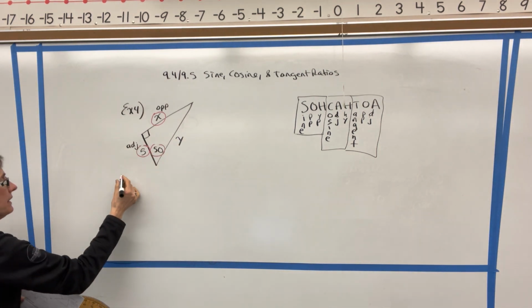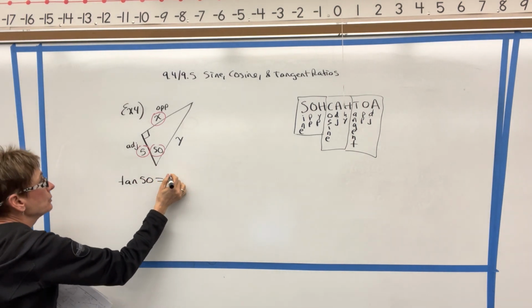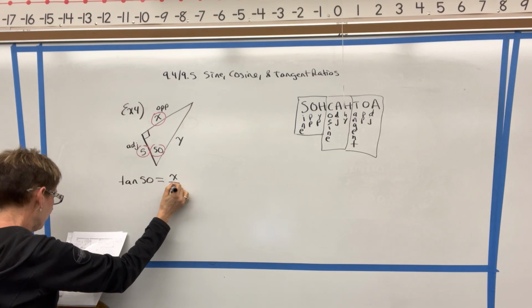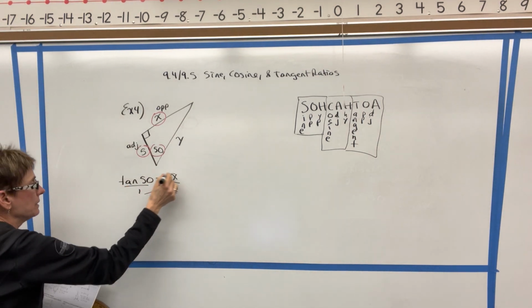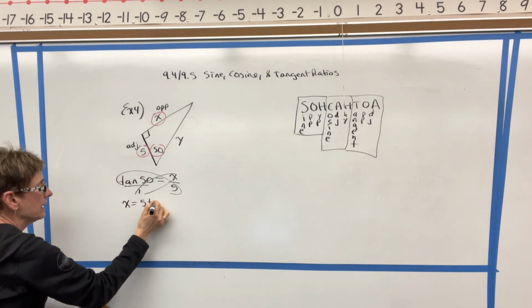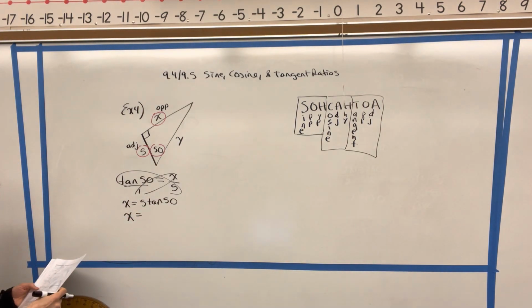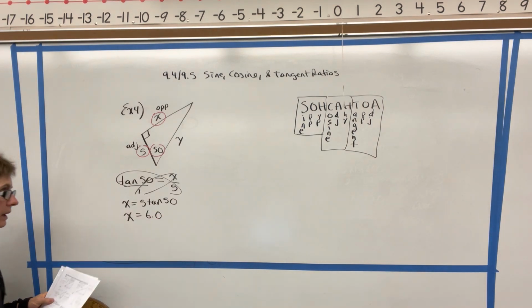So I'm going to say the tangent of 50 degrees is opposite, which would be x, over adjacent, which would be 5. This one actually is just going to be very similar to what we just did. We're going to have x equals 5 times the tangent of 50. When we put that into our calculator and multiply, we're going to get that x is 6.0.